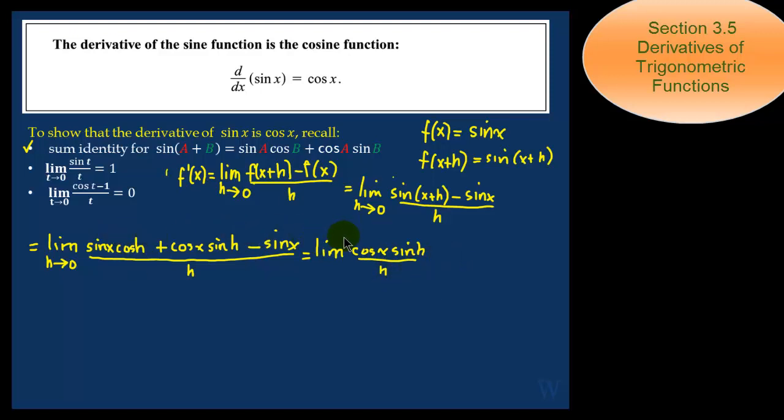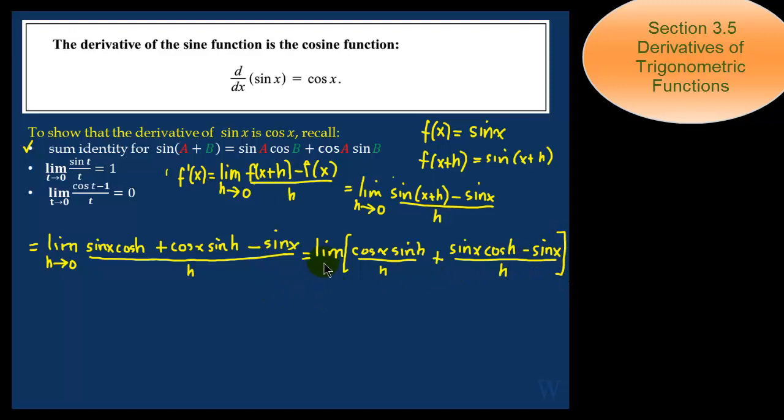Okay, so far what we've got is I took the middle term, and then we add, this time it's the sine of x times the cosine of h, that's the first term, minus sine of x, that's the third term on the numerator of the quotient, whole thing divided by h.